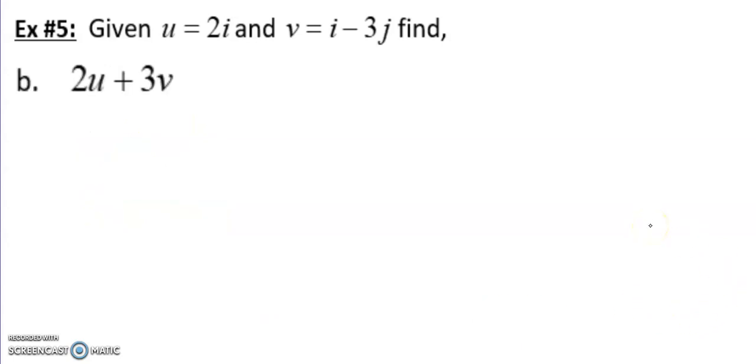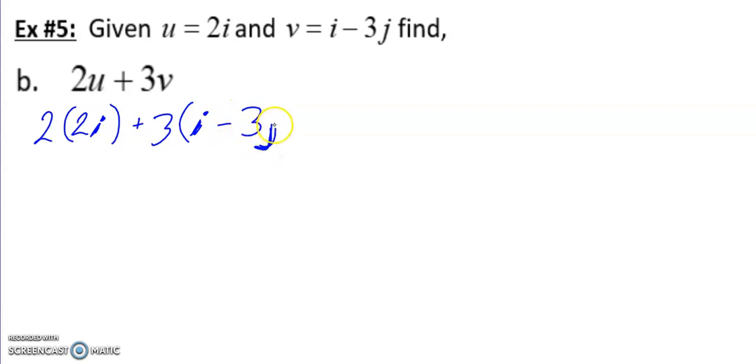Let's do B. So we're going to do 2u plus 3v. So we're going to do 2 times 2i plus 3 times i minus 3j.